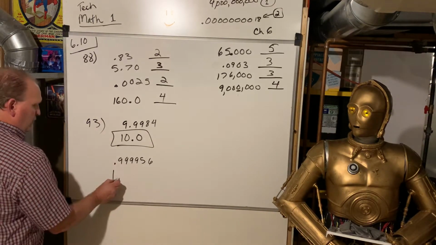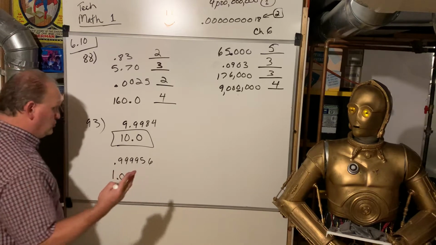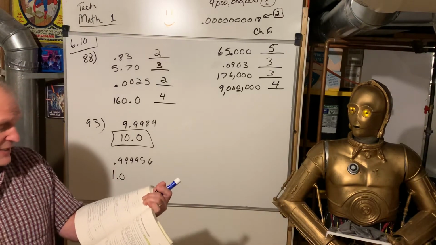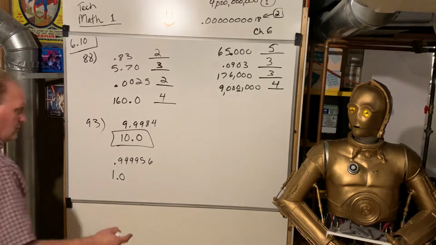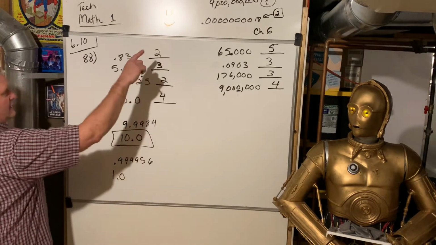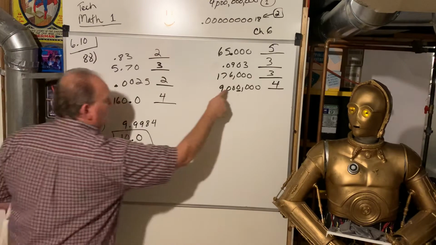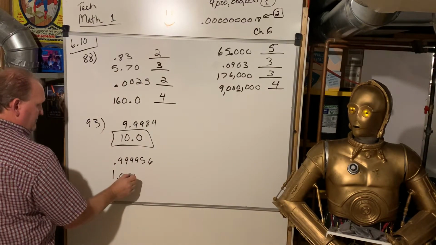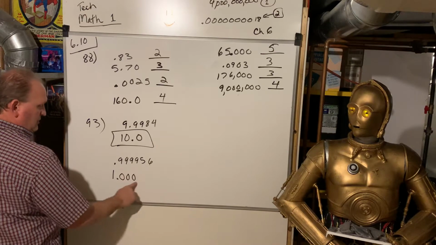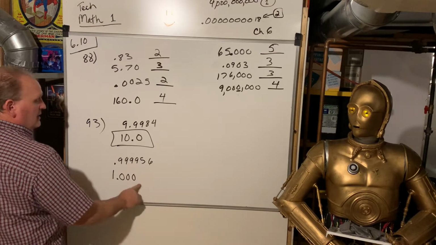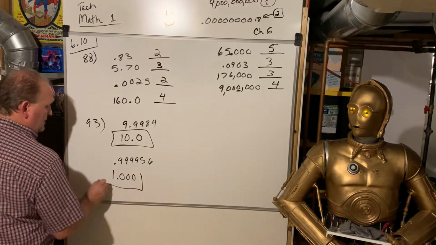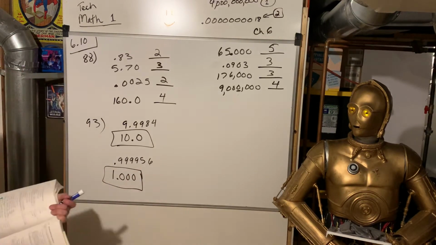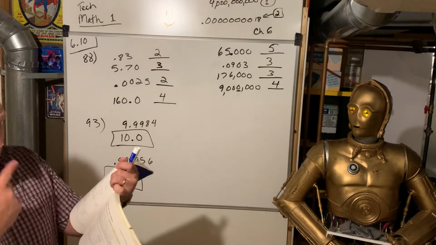If I go 1.0, that's only 2 significant digits. They want 4 significant digits. So what I can do is, I don't have to do the little underline trick. That's only if it's whole numbers. With decimals, as long as I keep adding zeros after the decimal, where there's no numbers there, that becomes significant. So 1.000 is 4 significant digits.